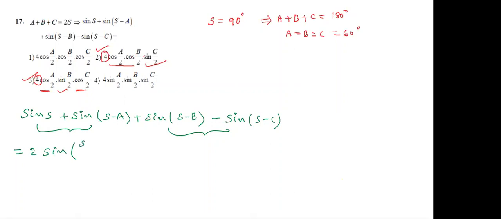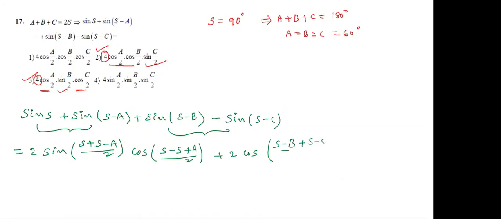Then what do you get? 2 sin ((S plus S minus A)/2) cos ((S minus S plus A)/2), plus the remaining two terms, sin C minus sin D, which is 2 cos ((C plus D)/2) sin ((C minus D)/2): 2 cos ((S minus B plus S minus C)/2) sin ((S minus B minus S plus C)/2), like this.